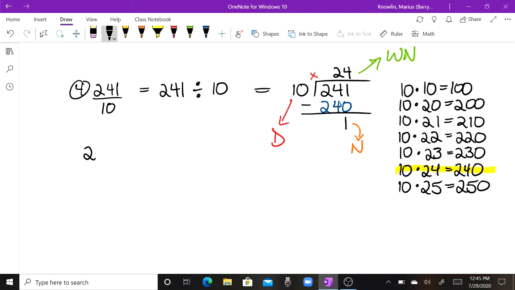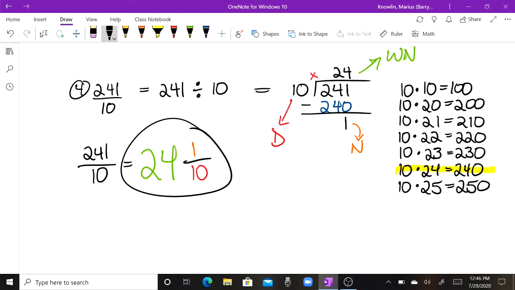So instead of 241 divided by 10, we could write 24 and 1/10. And that, ladies and gentlemen, would be our final answer. That will conclude our lesson on converting improper fractions to mixed numbers.